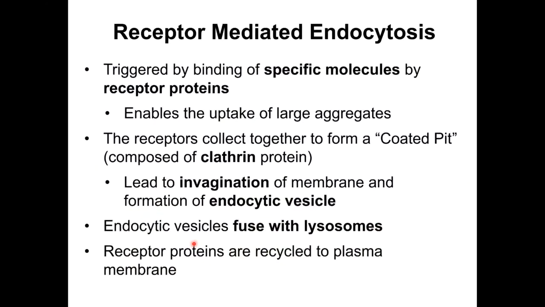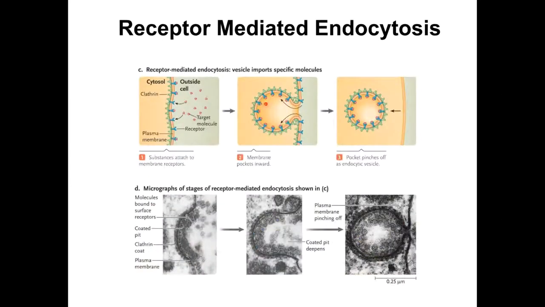Instead, there is a second type of movement referred to as receptor-mediated endocytosis, which is triggered by the binding of specific molecules to specific receptors. Cells have on their outside specific receptors that can be used for different things. In some cases, they can be used to detect the presence of specific molecules that need to be brought in.